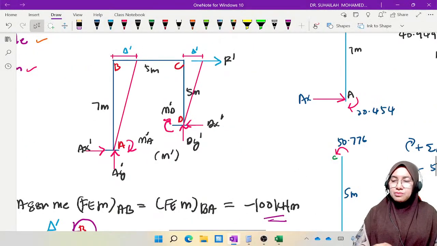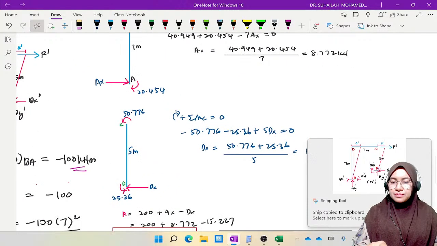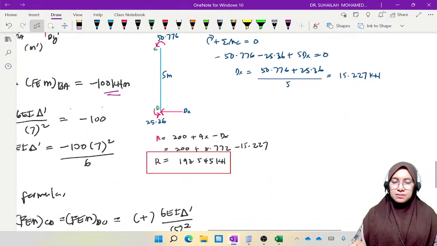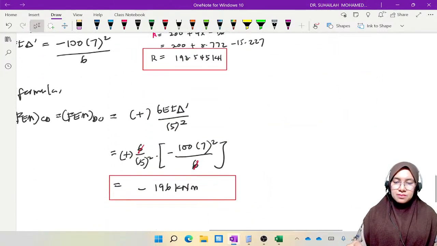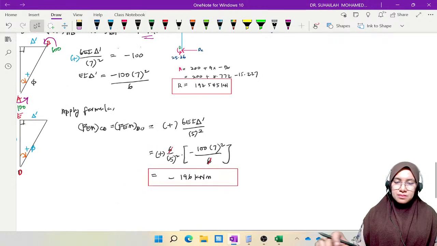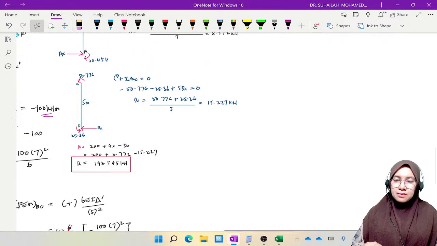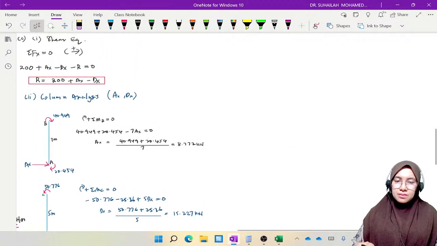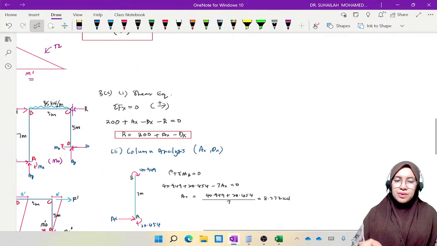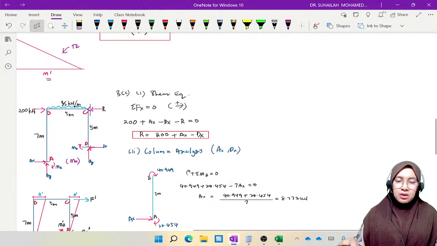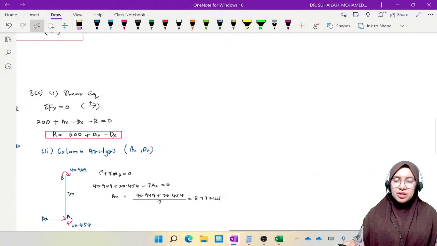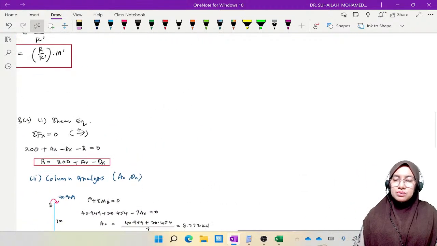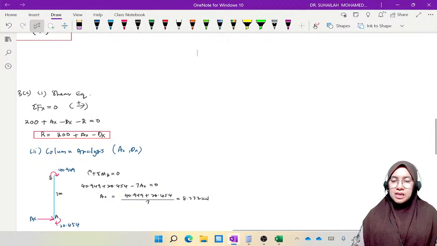Okay, so move to column analysis, shear equation and column analysis. So I put it here.